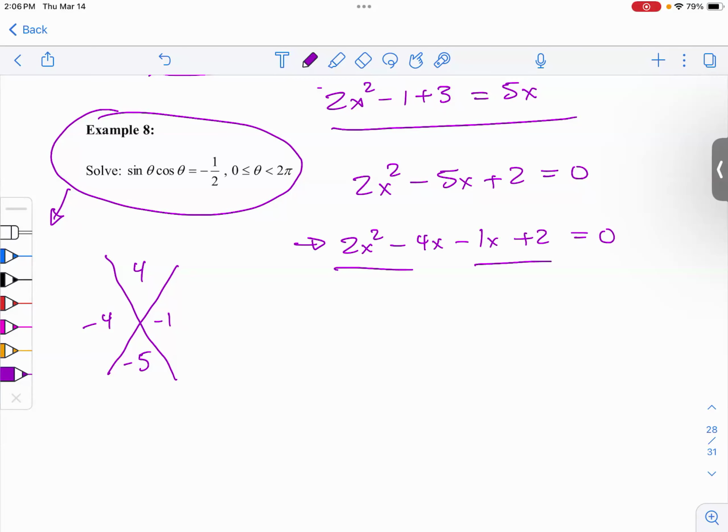Group, group. 2x pulls out of there. -1 pulls out of the second one. So we've got to flip our signs.